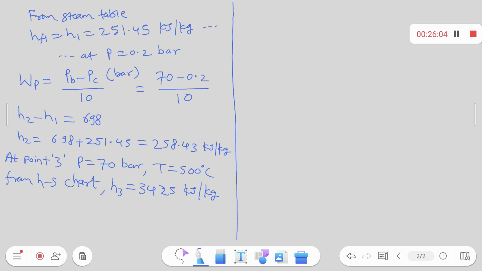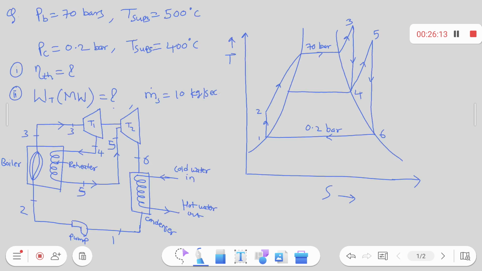Now how to calculate H4? Tell me how to calculate H4. Isentropic process, from that, the vertical line till it touches the saturated vapor line.